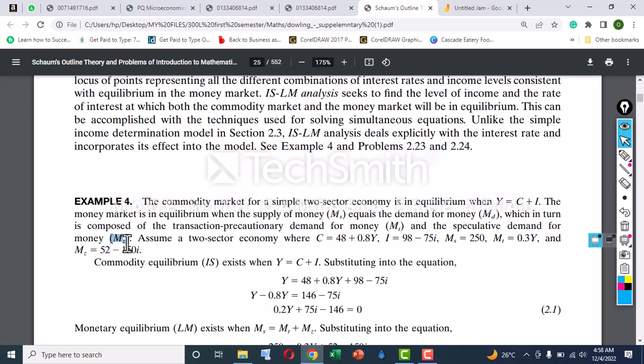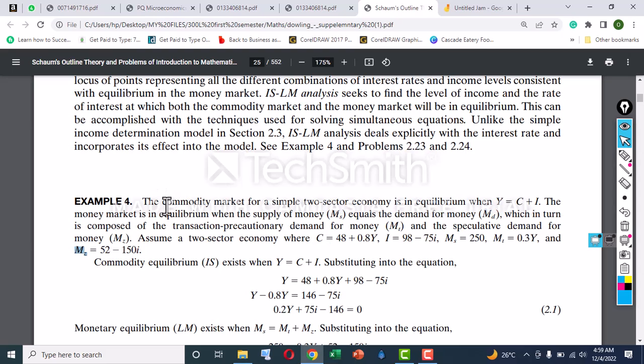So the transactionary, precautionary and speculatory are what you are going to add together. But here we have just two, because they match transactionary and precautionary together as MT, and precautionary speculatory is MZ. So you'll be given that. So we are going to take an example now, probably one or two. Then we move to comparative static.